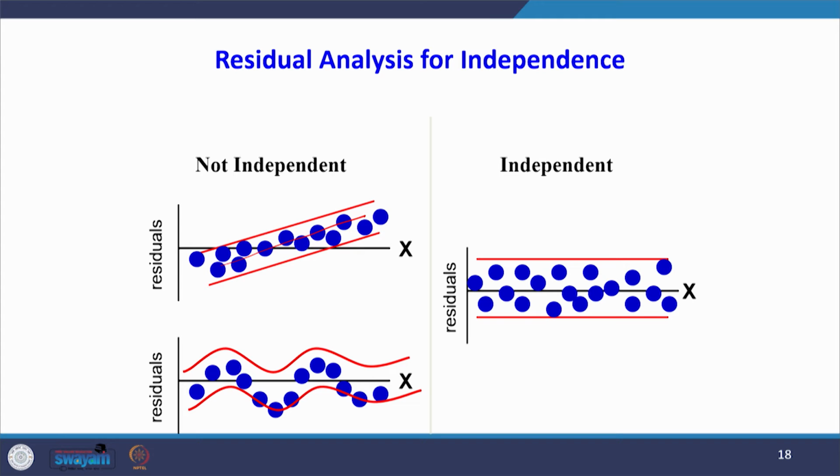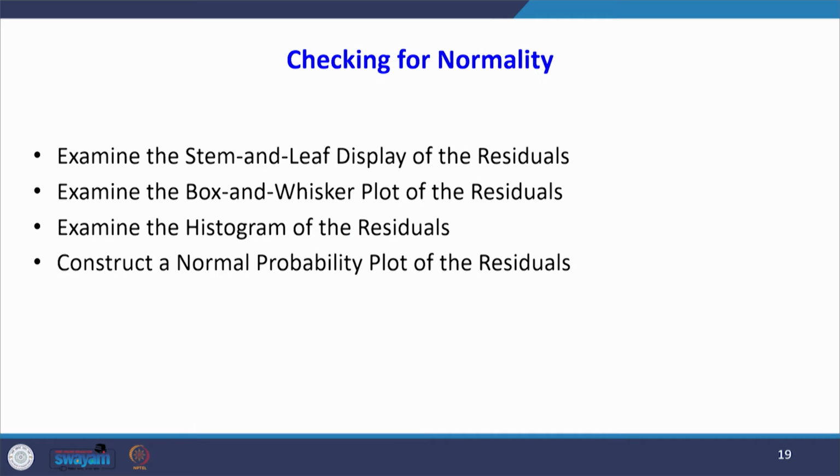When you plot the residuals, you see that almost an equal number of points are above the x and below the x. So, we can say that the errors are randomly distributed. This assumption also can be verified with the help of this plot.